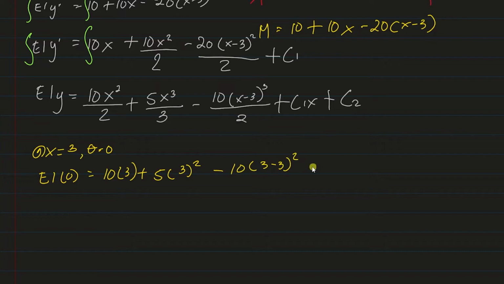That one will be 0 anyway, plus C1. You can see that only C1 is left, so we can solve for that. Simplifying, this becomes 0, since 3 minus 3 is 0, so cancel this term.